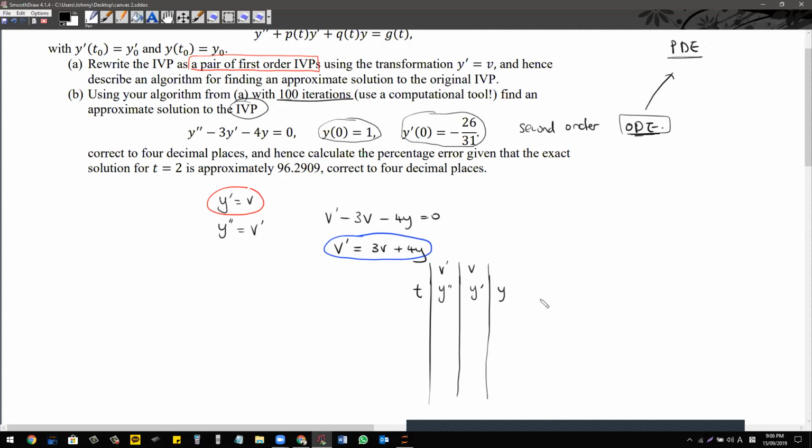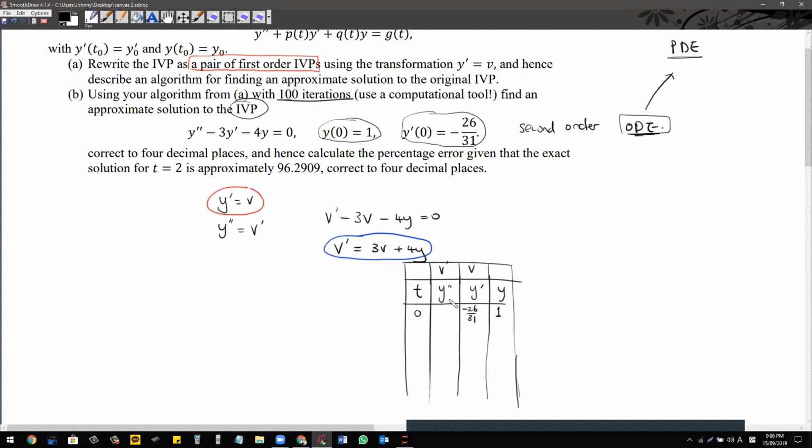So we start with t equals 0. y of 0 is 1, so this initial value is 1. y dash 0 is negative 26 on 31.